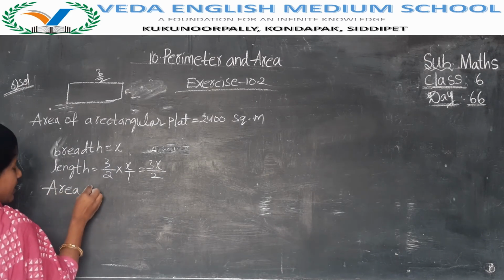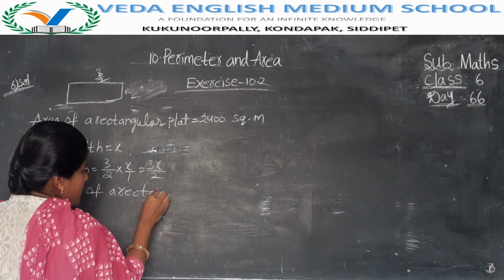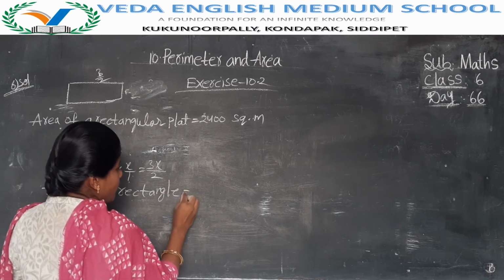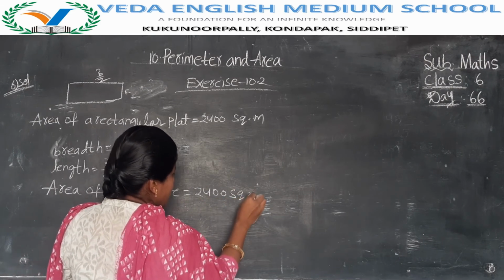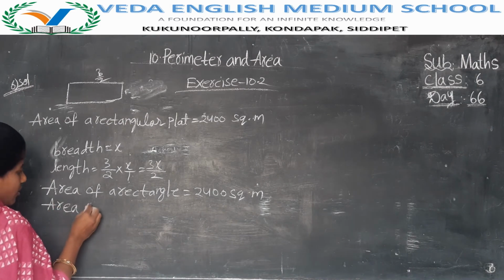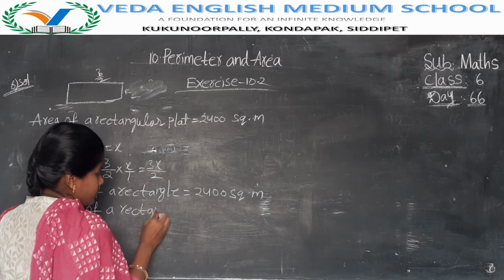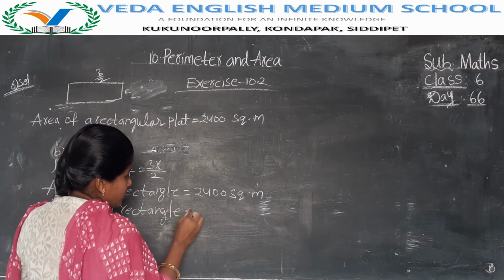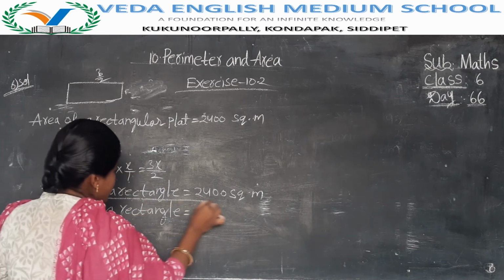Area of a rectangle is equal to 2400 square meters. Area of a rectangle formula is L into B. For this formula you have to draw the box.